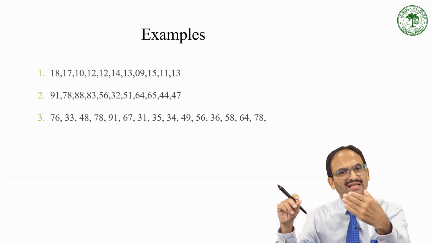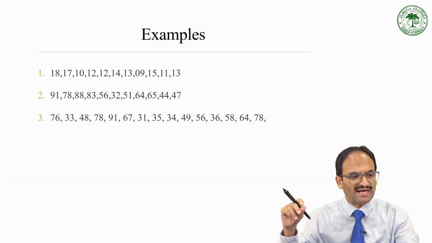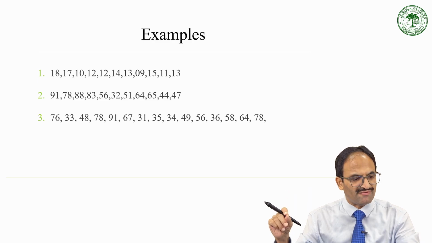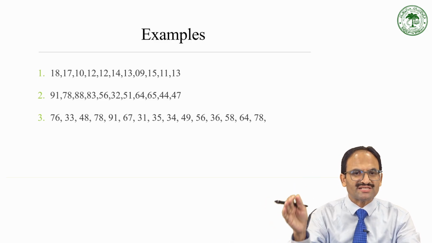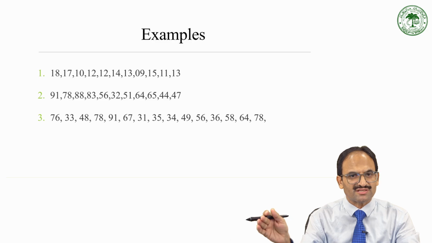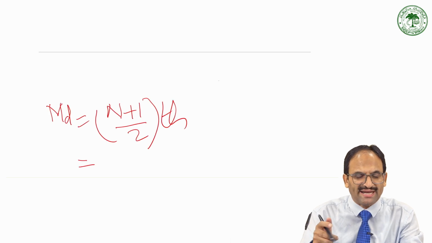When you move further, next number is 44. If you move further, next number is 47. If you move further, next number is 51, then 56, then 64, then 65, then 78, then 83, then 88, then 91. So let me write it.